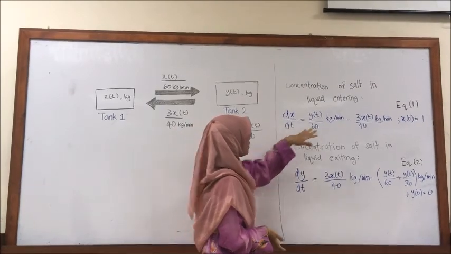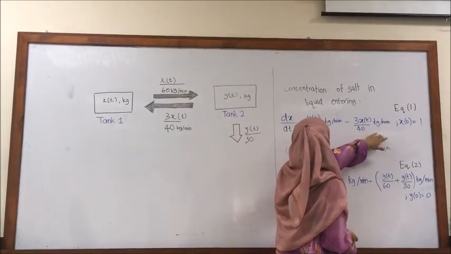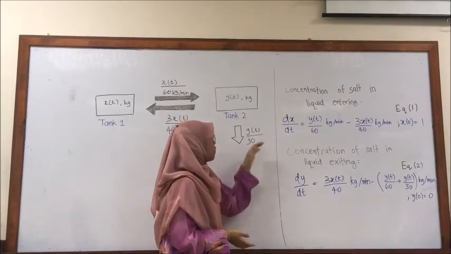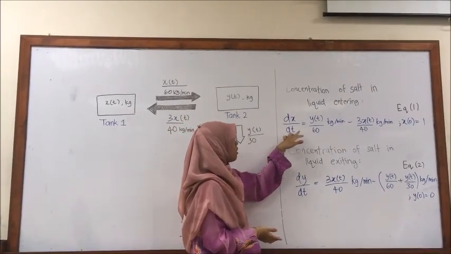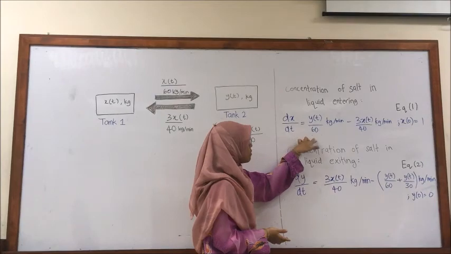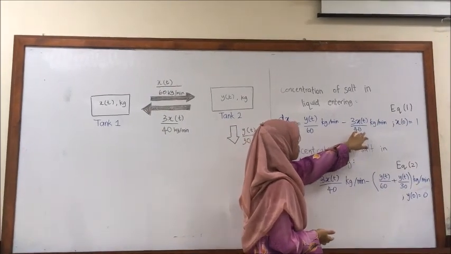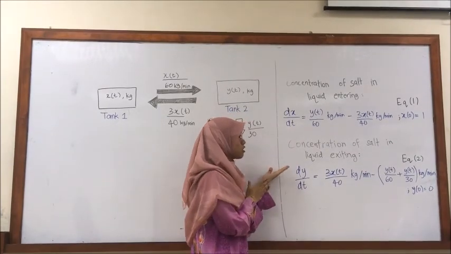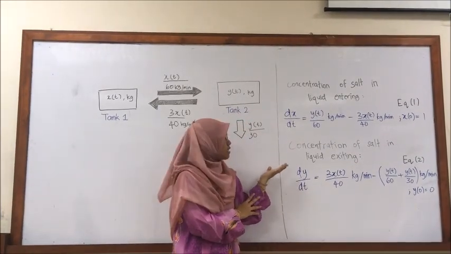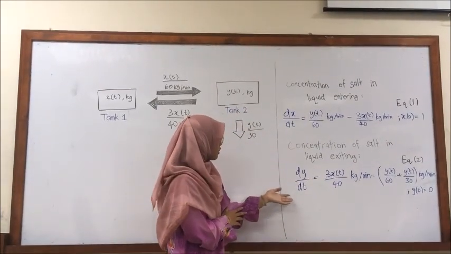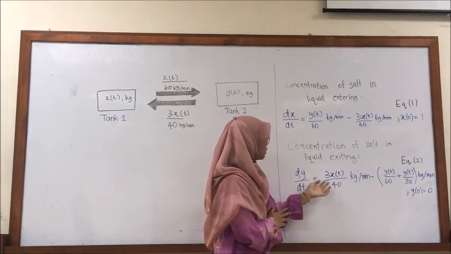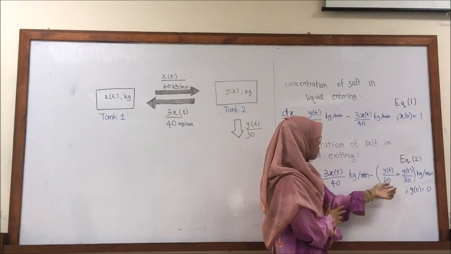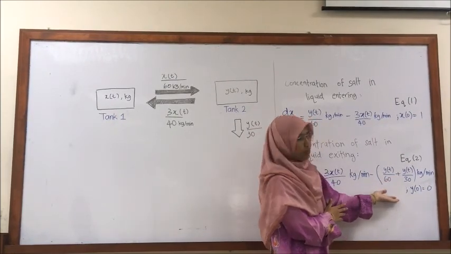The first ordinary differential equation is for the concentration of salt in liquid in tank 1: ds/dt = y/60 - 3s/40. For equation 2, the concentration of salt in liquid in tank 2: dy/dt = 3s/40 - y/60 + y/30.